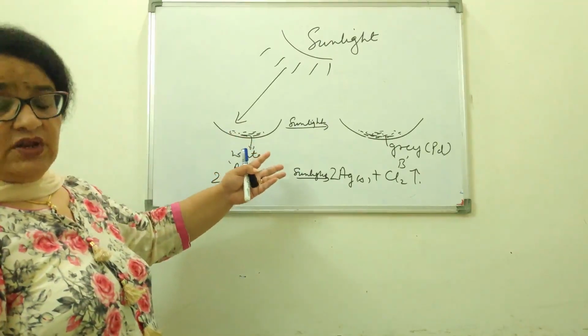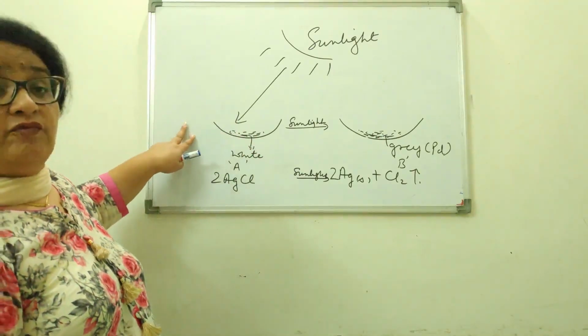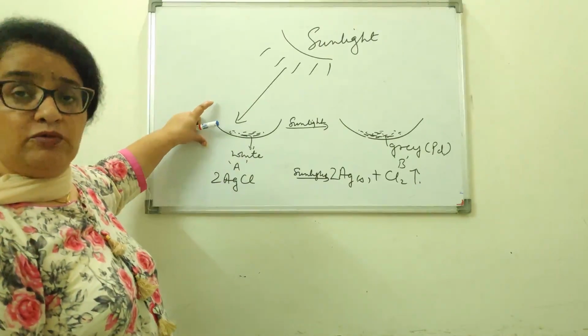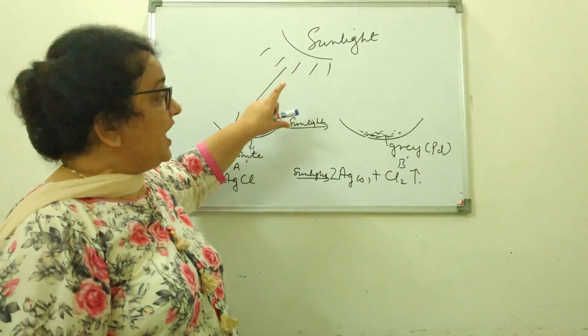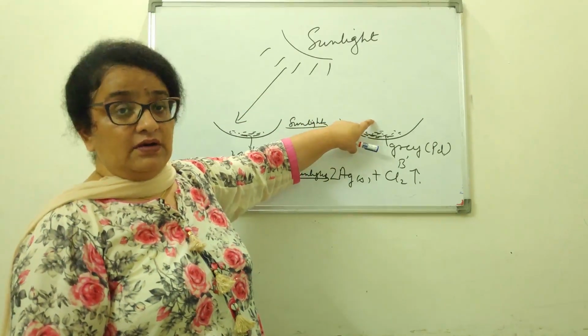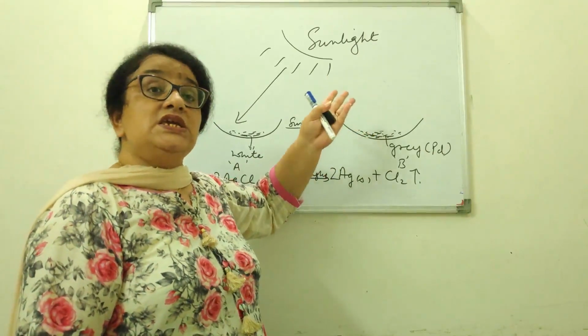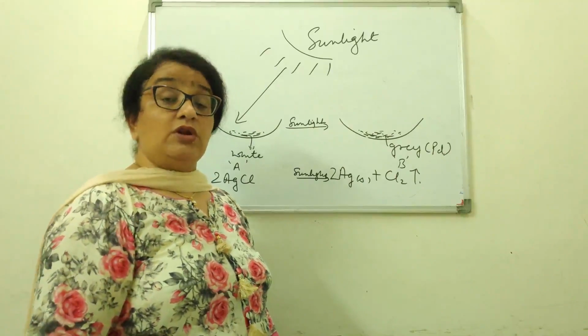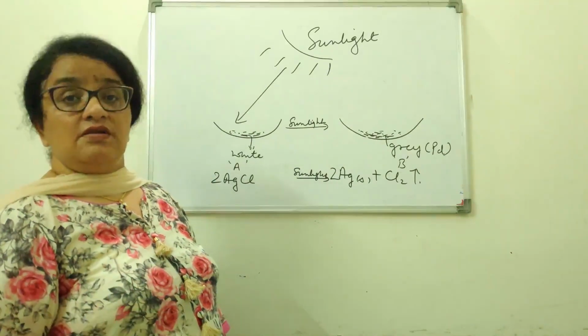So the question can be asked in this form also, that a white color compound is exposed to sunlight and we get a silver powder. Give the color of that compound. It is grey. Or give the name of the compound, silver.